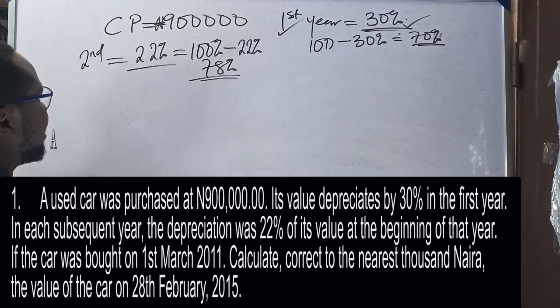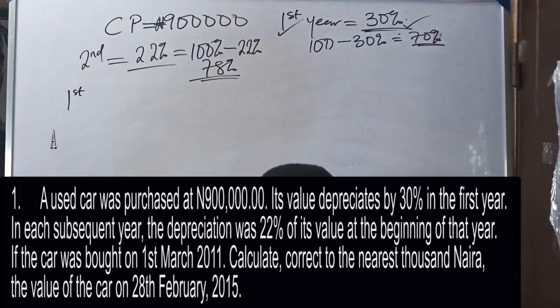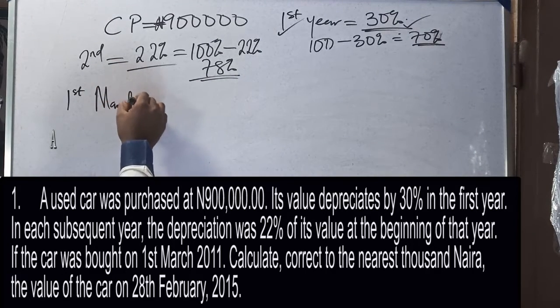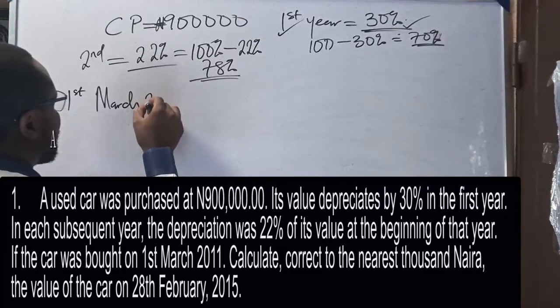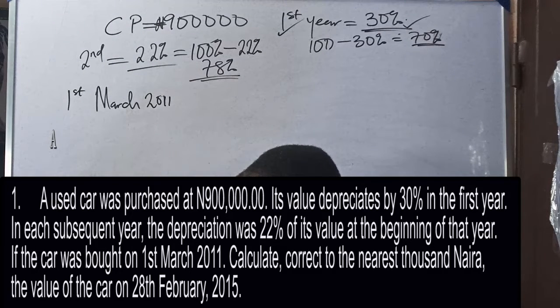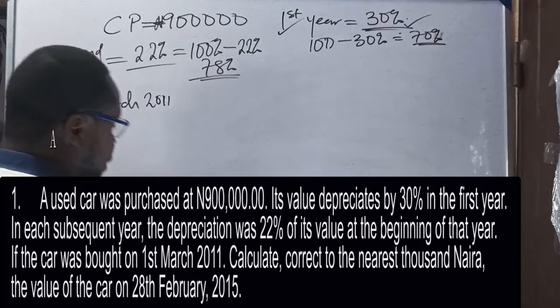All right. So in this case, for the first year, they said if the car was bought on 1st March, 2011, calculate, correct to the nearest 100,000 naira, the value of the car on 28th February 2015.